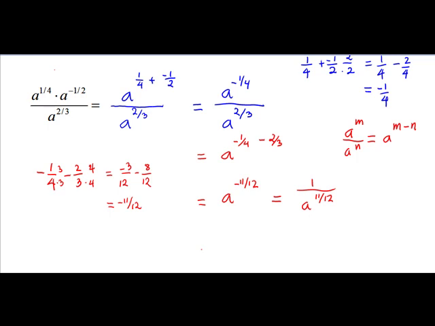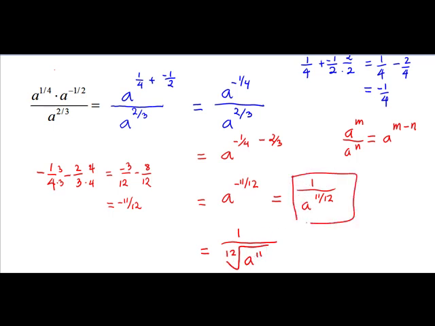And then let's see if we can rewrite this into radical notation. This has the 12th root of a to the 11. Now, because the index here is bigger than the power here, we cannot simplify. Our answer is like this or like this.